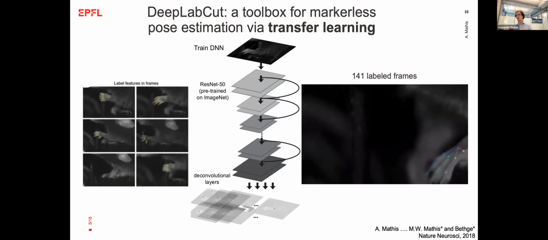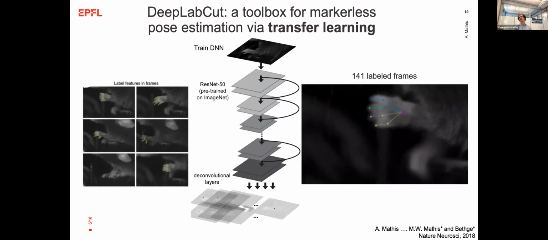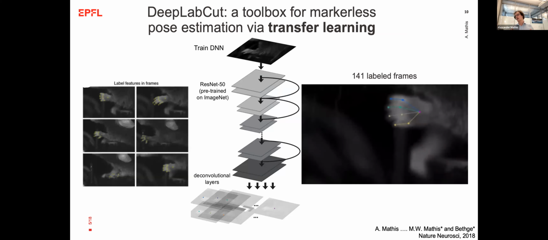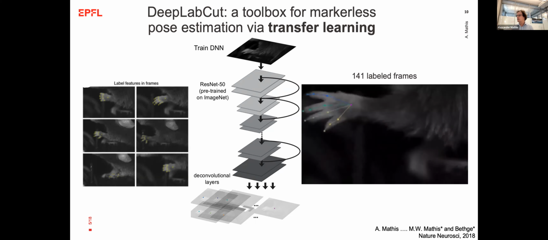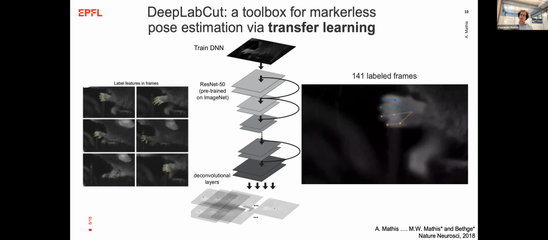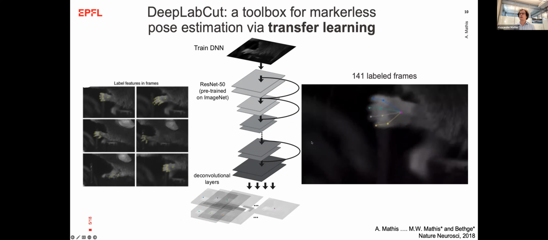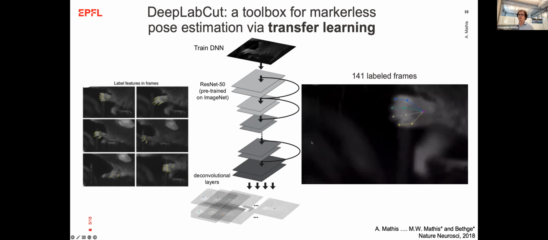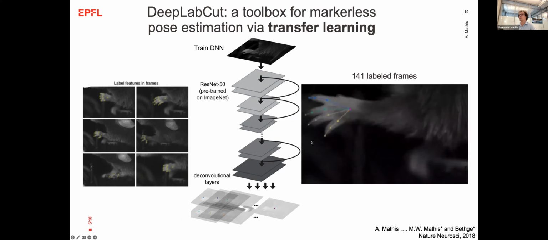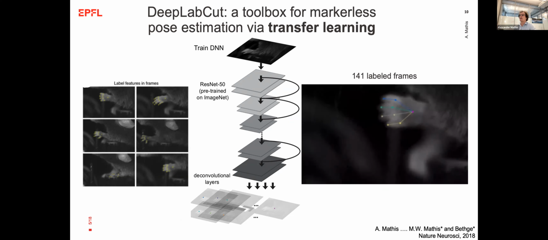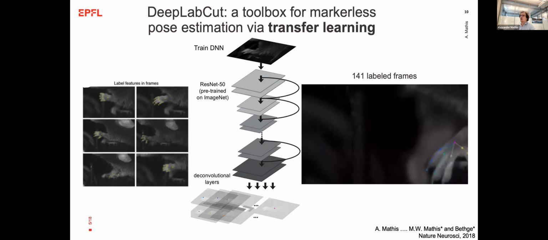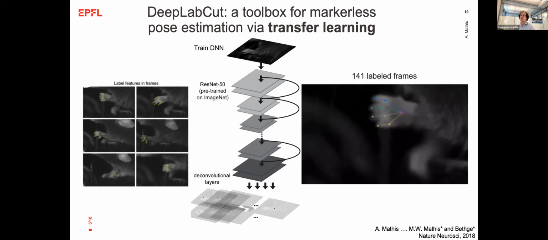I mean, they're not like in the wild settings with all this variability, but the variability is not small, but it's obviously controlled. And so what was exciting for us is that DeepLabCut here actually worked and generalized to new mice in the same setting with just 141 labeled frames, which in the end of the day, that's less than 2 hours of work of clicking on these body parts.